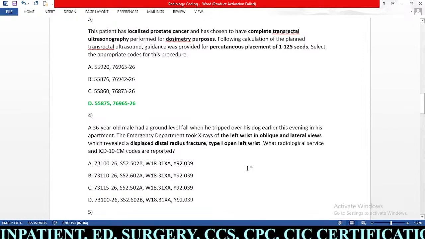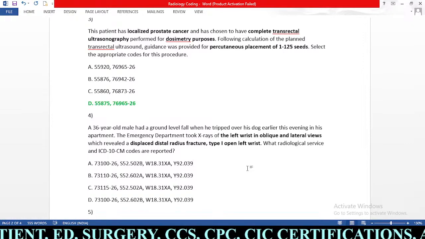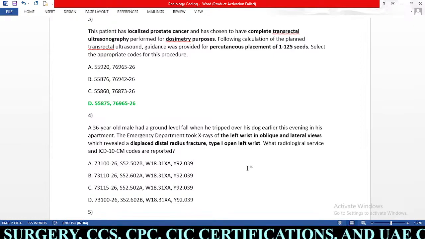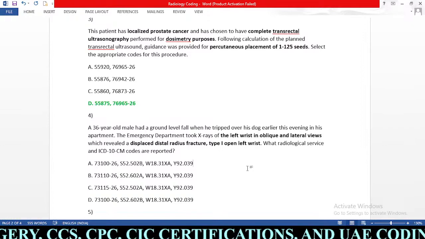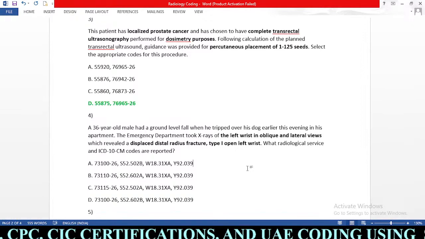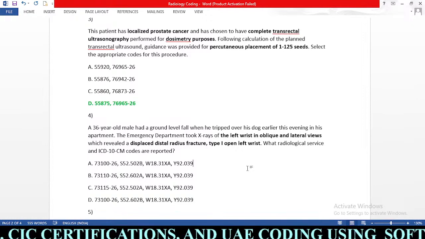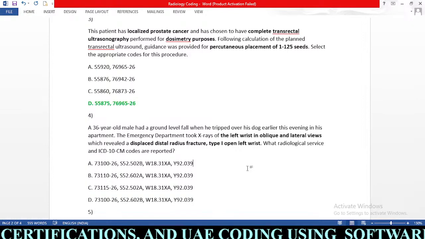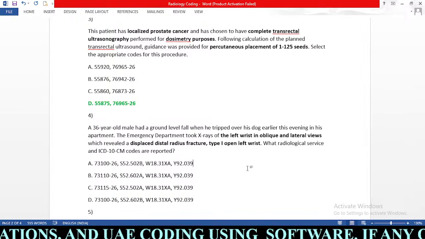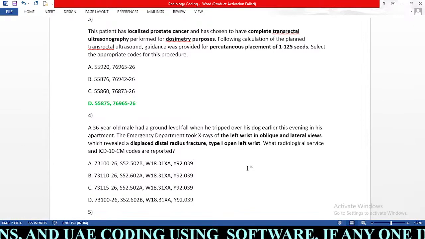So we will check 73100 first. So what is 73100? Radiologic examination wrist two views. So 73100 per wrist examination two views. So we will check 73110. So 73110 is completely wrong.